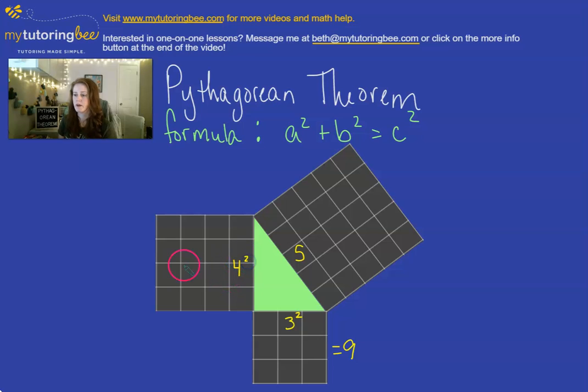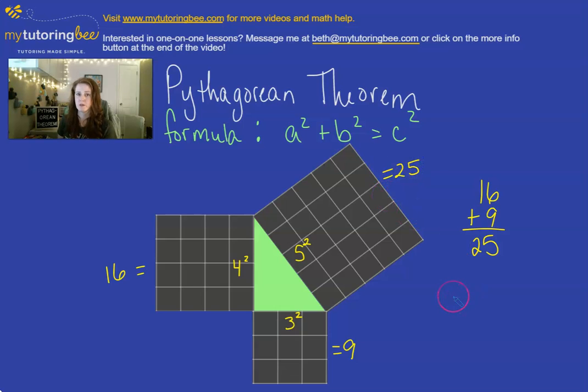If we square that 4, then that is going to give us a total of 16. And when we add those two together, the two smaller sides, 16 plus 9, we get 25. And then over here with this square, 5 times 5, or 5 rows of 5, does equal 25.